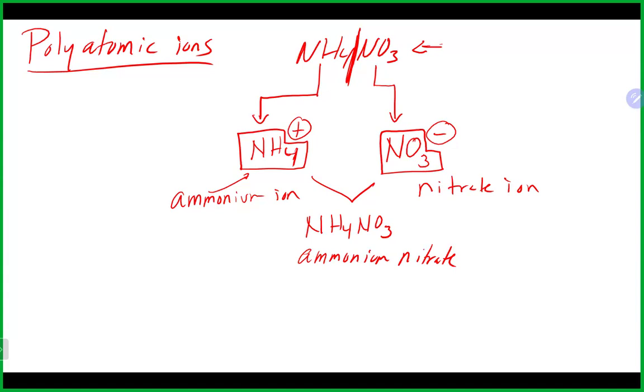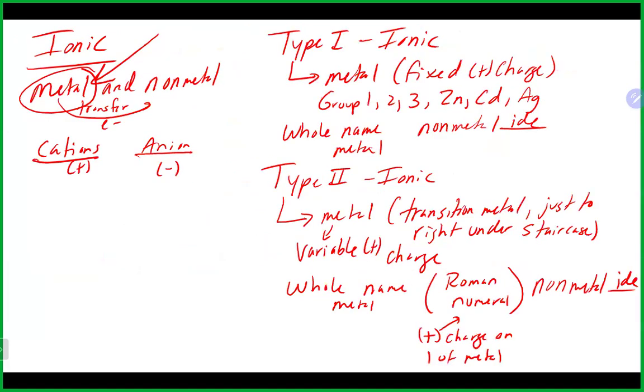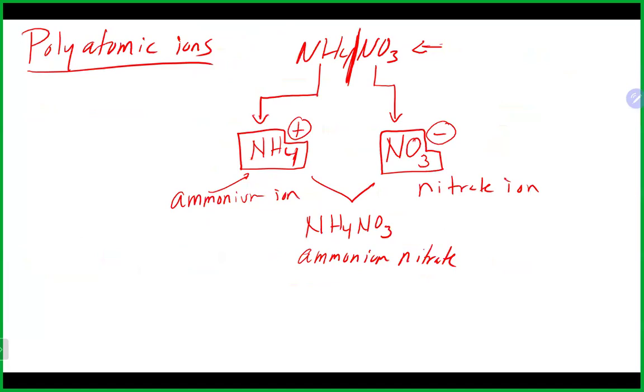Now, again, here you do need to balance out charges. With our type 3, remember, there are no charges you need to worry about, just the appropriate prefix. And obviously here with our ionic guys, type 1 and type 2, you do need to balance out the charge. Now, as we also mentioned at the very end, I would say that that guy right there is probably your most common positive polyatomic ion.